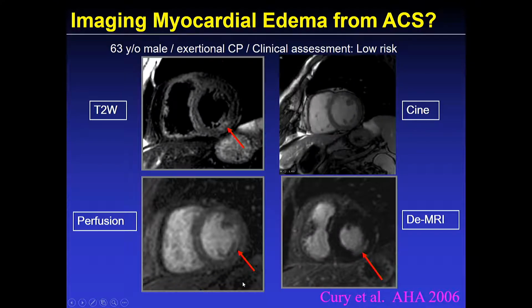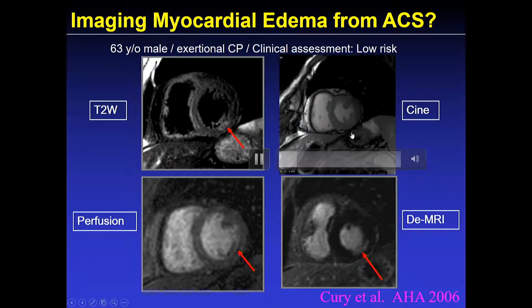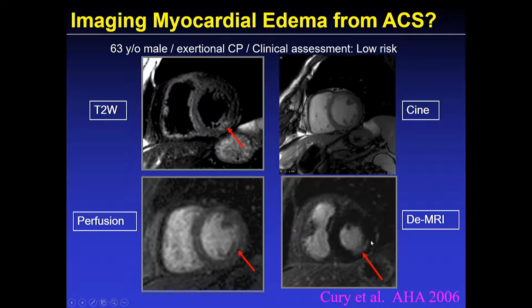So on first pass perfusion, there's a perfusion defect there suggesting that it is a hypoperfused myocardium. So now you know that there's a hypocontractile region that is hypoperfused, that also has an area of infarction.